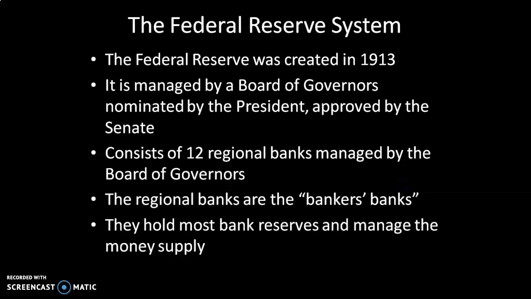In fact, the Federal Reserve holds most of the reserves and manages the money supply. Every bank has some cash held in vaults, but most of the cash that the banks hold in reserve is actually deposited at the Federal Reserve, and the Federal Reserve holds that cash for the various local banks.